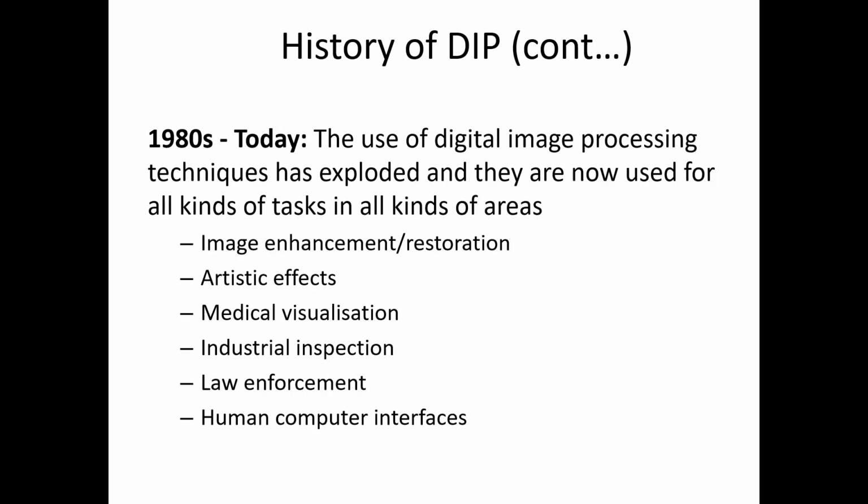In the 1980s, the use of digital image processing techniques exploded, and they are now used for all kinds of tasks in all kinds of areas: image enhancement or restoration, artistic effects, medical visualization, industrial inspection, law enforcement, and human computer interfaces.